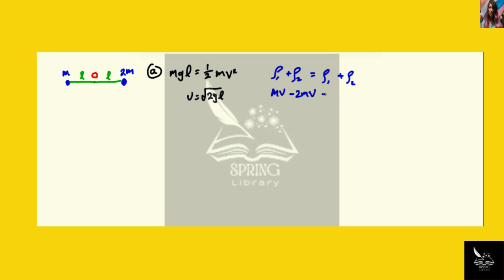And then over here, we're going to have mv1 plus 2mv2. So we don't know what v1 and v2 are yet. Well, all the m's are going to cancel out, and we can factor this. We're going to have v minus 2v, or negative v, is equal to v1 plus 2v2.